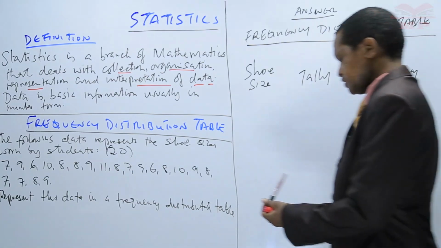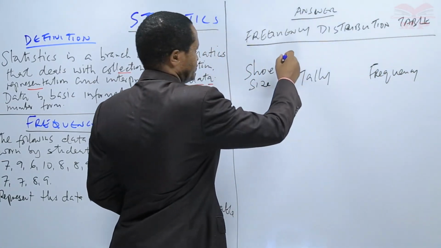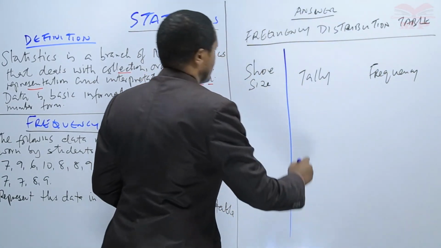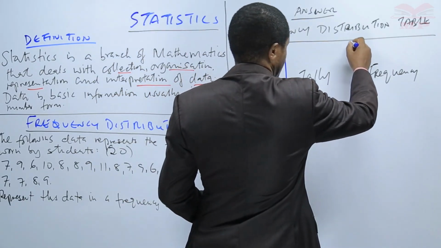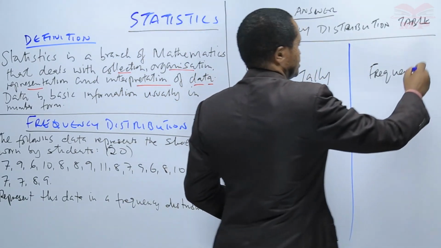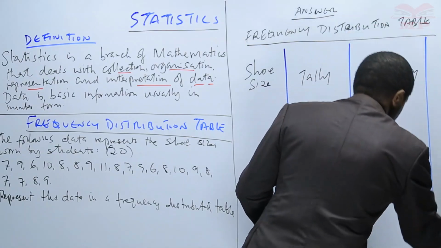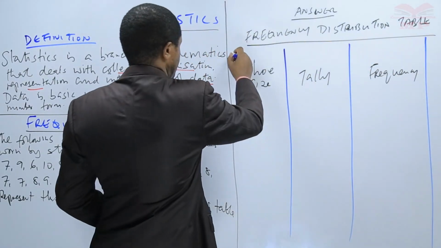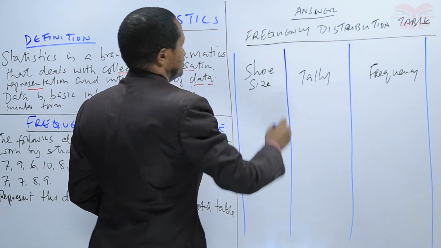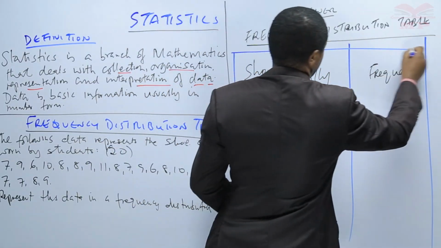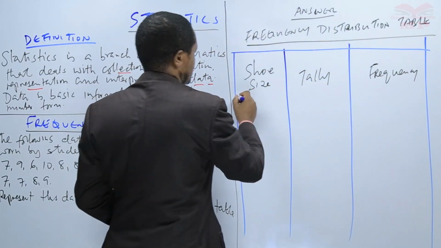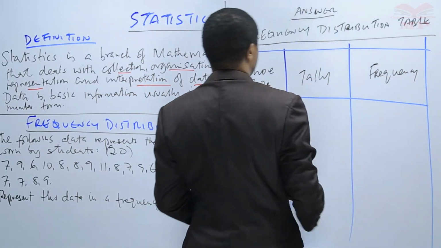So we have the table right there: shoe size, the tally, and the frequency. Okay, have that table, learners, in your books.